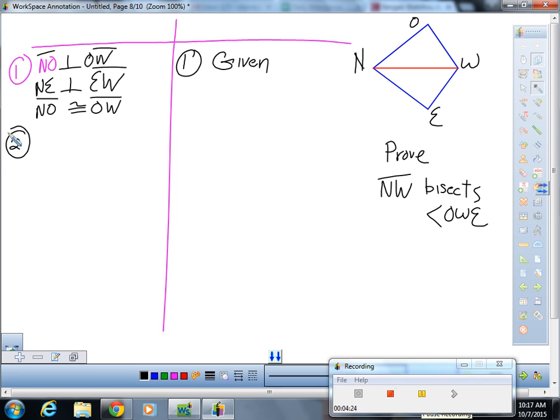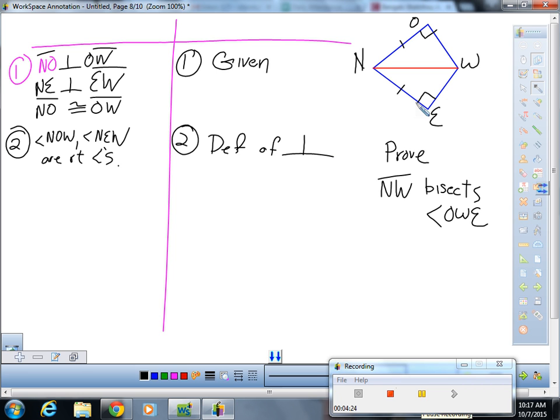Let's label everything we have. We can say that angle NOW and angle NEW are right angles, and that's the definition of perpendicular. So now let's label that.